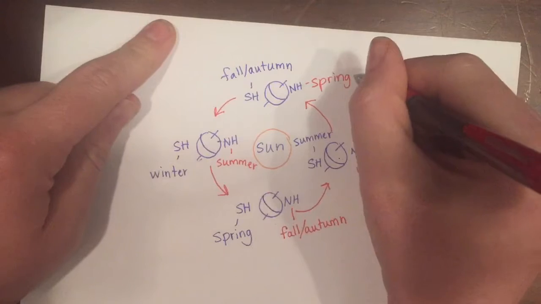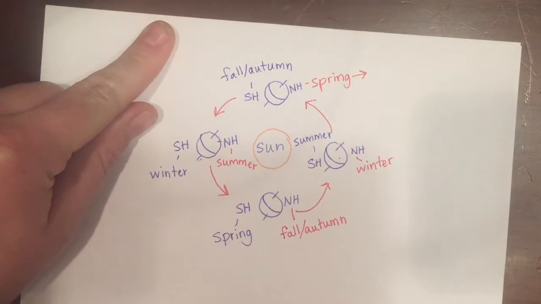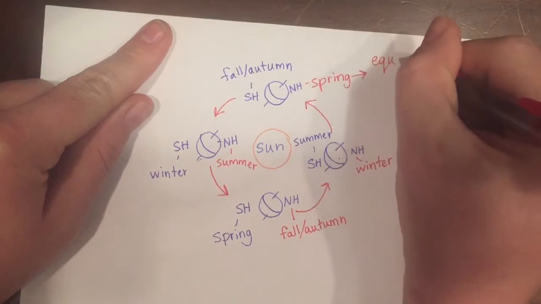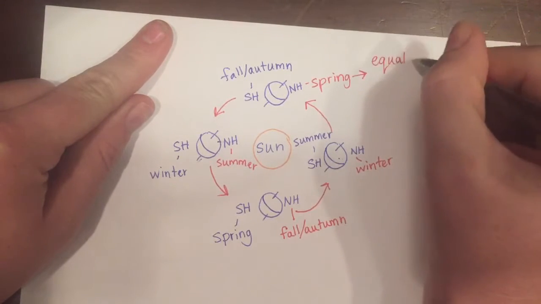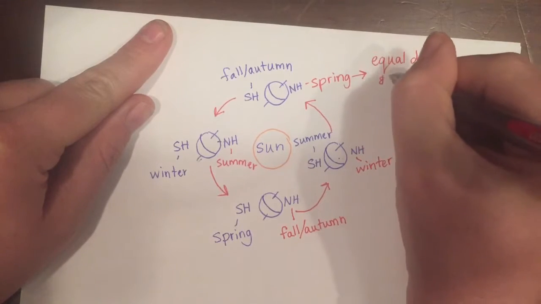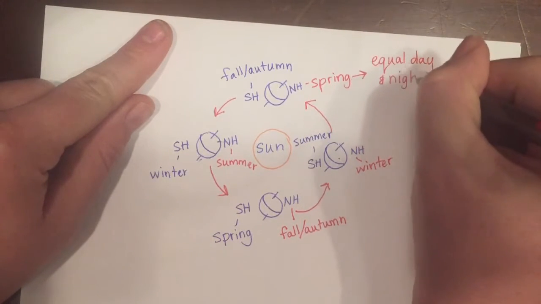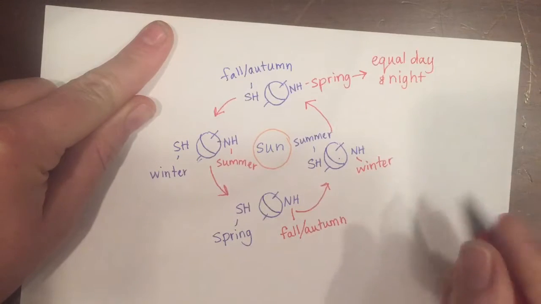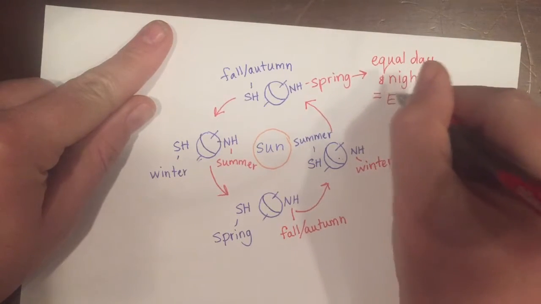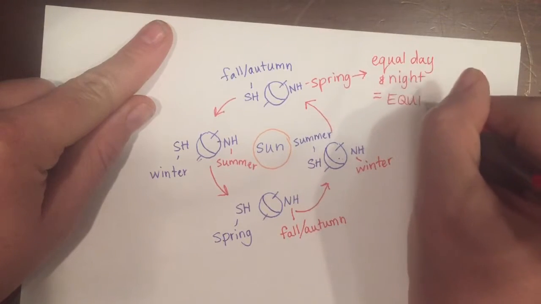In the spring, there are about equal hours of day and night. We call this the spring equinox.